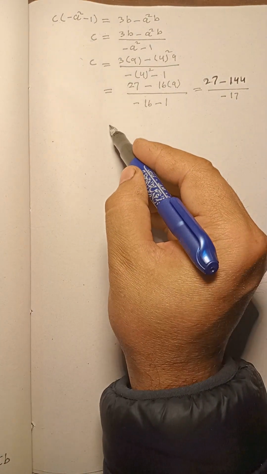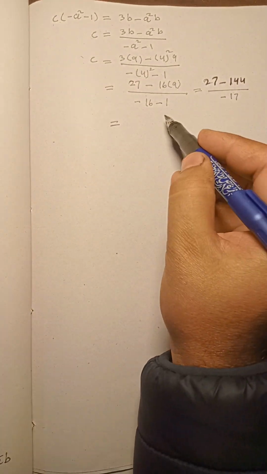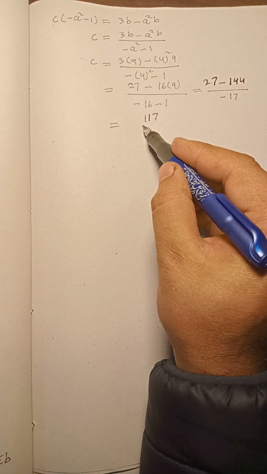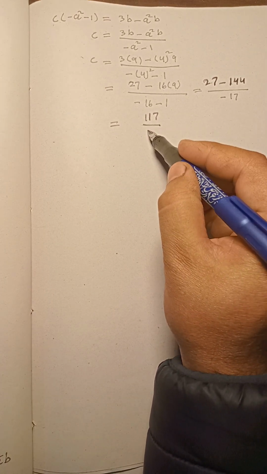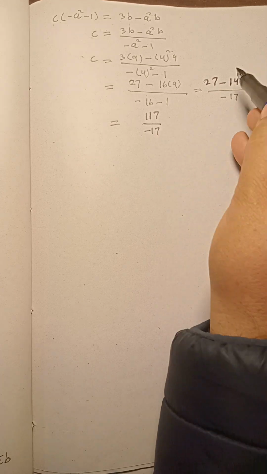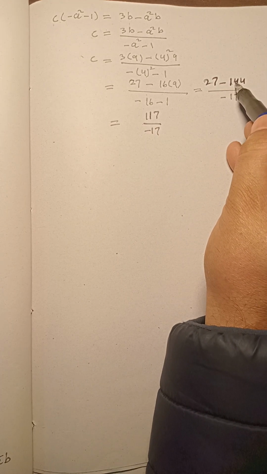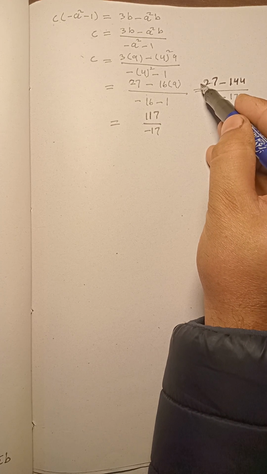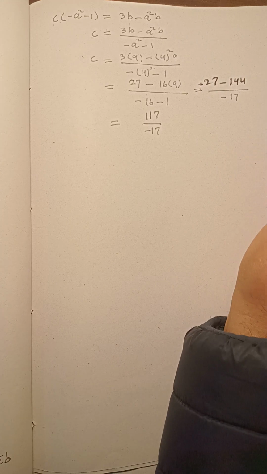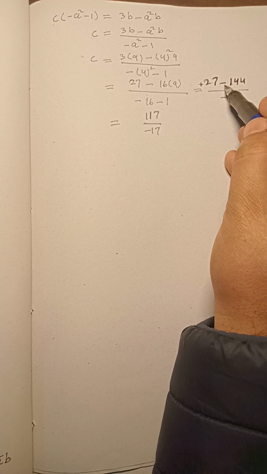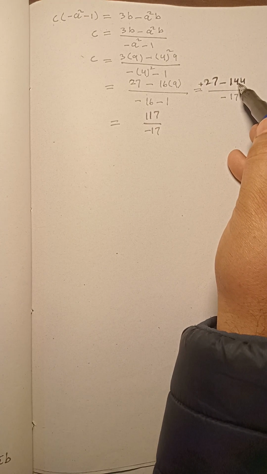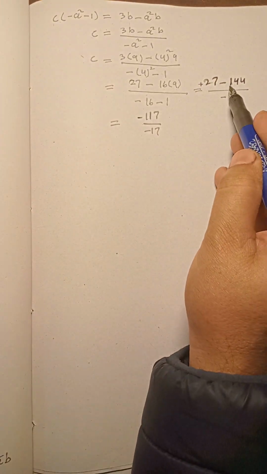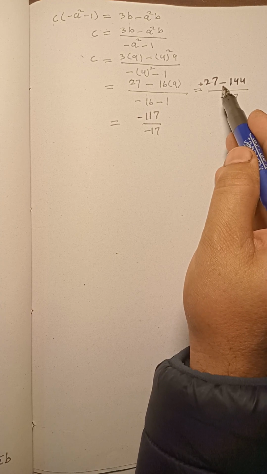And now you can write here 117 over minus 17, because here the minus sign is of the greater term. This is of plus sign and this is of minus sign, so I have subtracted, and we write the sign of the bigger term, that is 144. So the minus sign will be here, because the bigger term is 144 and that carries the negative sign.